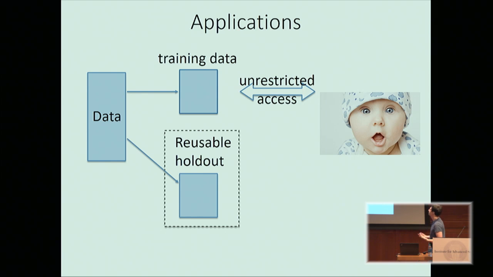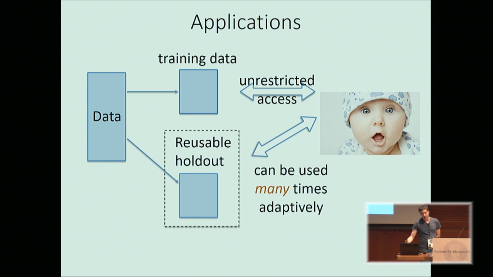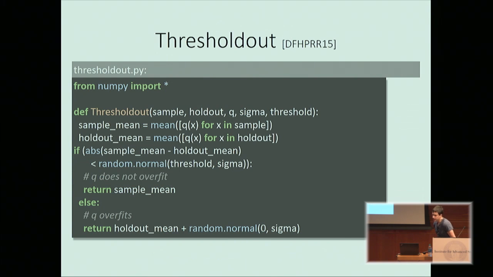The problem is, I can't then, if I don't like the results, go back, retrain, and test again on the holdout set. If I wanted to have another round of adaptivity, I would need another holdout set, and that would cause my data demands to sort of grow linearly in the amount of adaptivity. Okay, so the question is, can we use these techniques to have a holdout set that we can reuse adaptively many times?